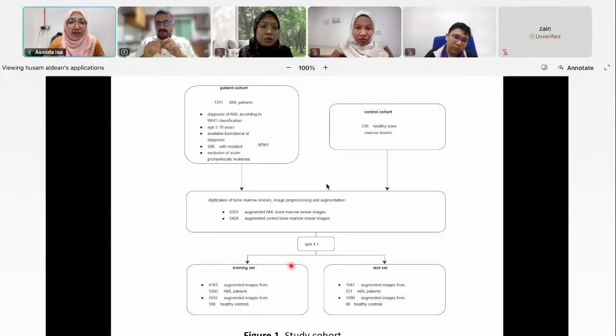This is just my curiosity: I saw the training set number of samples and the test set number of samples. Is there any standard method to determine the number of samples you need to train the model?